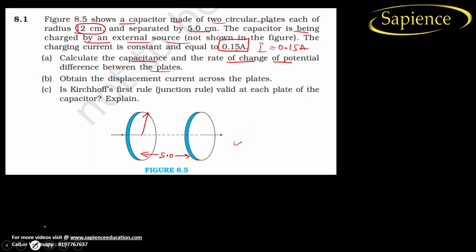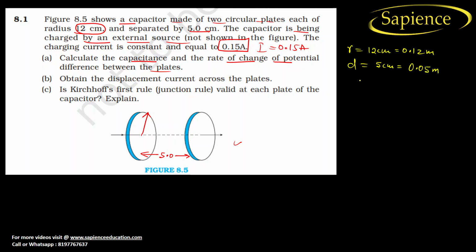So first of all, whatever they have provided, we will take that. Radius is equal to 12 centimeter, so we can also write 0.12 meter. D is the distance between the plates, 5 centimeter, which converted into meter is 0.05 meter.